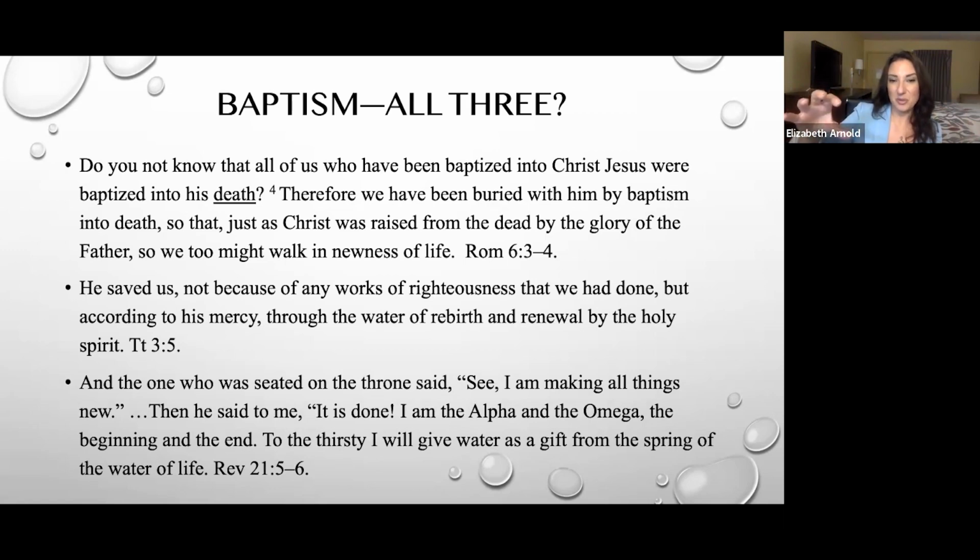And I think that when we look at all three of these, what we're really looking at is baptism. Because when we talk about him saving us through the water of rebirth and renewal, Paul is talking to Titus about baptism. And when we're looking at this Revelation 21, there are all these people coming to this river of life, and it says that they are all washed clean.